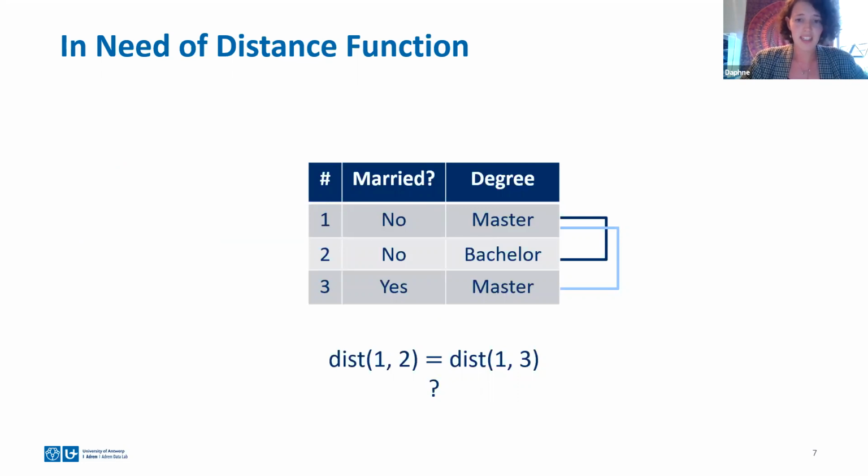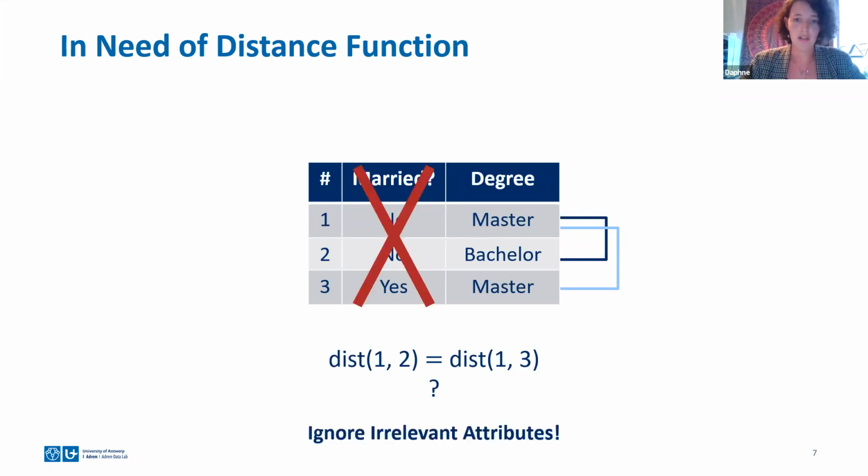If we use the original distance function, we would see that instance 1 and 2 are equally close to each other as instance 1 and 3, even though 1 and 3 are the same on a very relevant attribute, like the degree, where instance 1 and 2 are only the same on a pretty irrelevant attribute, whether someone is married or not. So it would be more desirable to ignore this attribute in the definition of a distance function, and likewise ignore all irrelevant attributes.